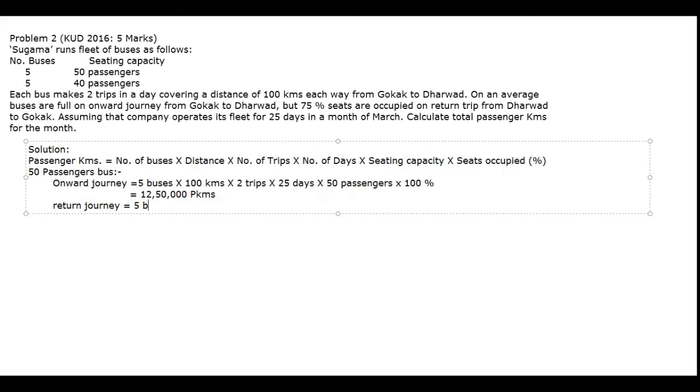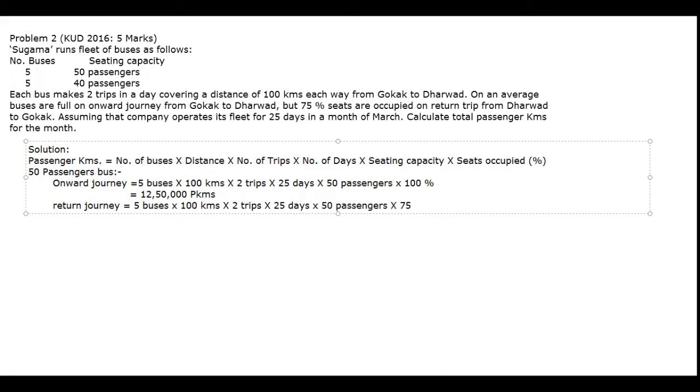Everything will be same, only the seats occupied will be different. 100 kilometers into 2 trips, into 25 days, into 50 passengers, into what was the percentage of seats occupied while returning, 75%.